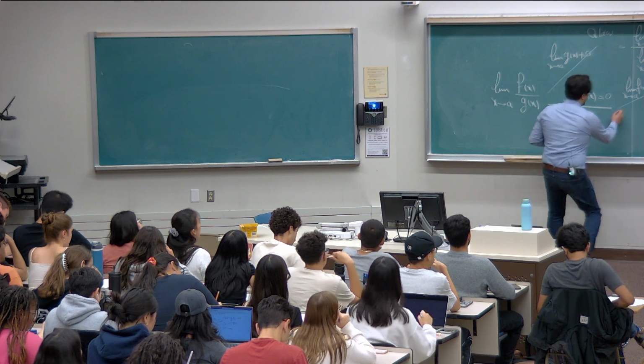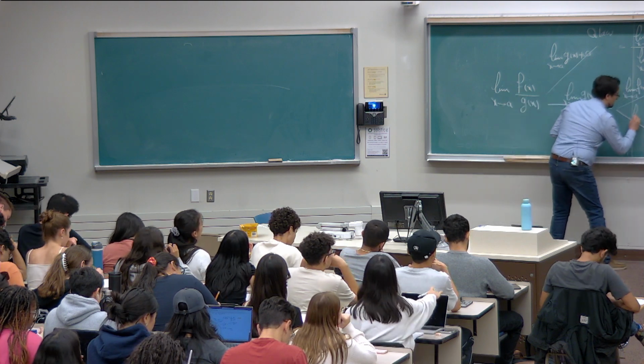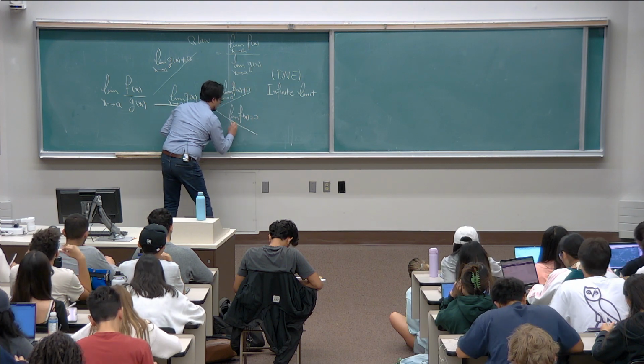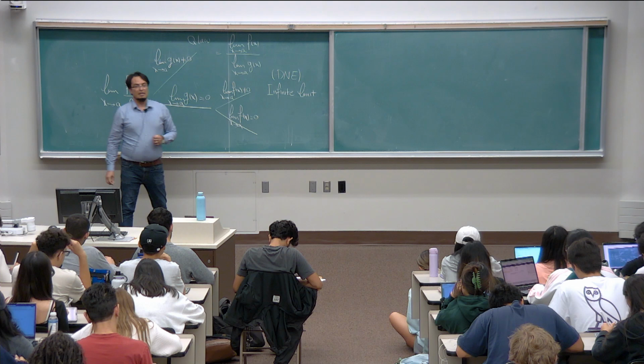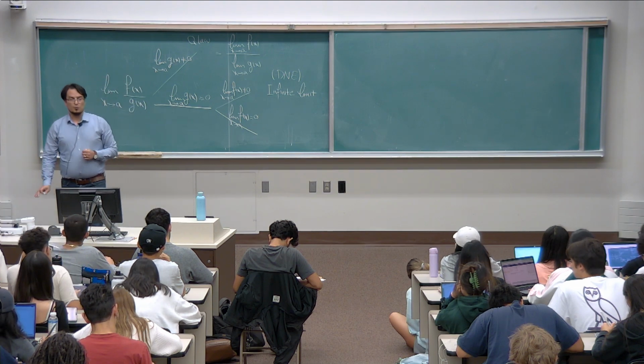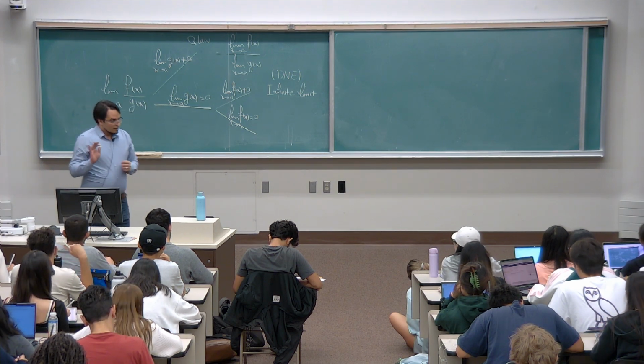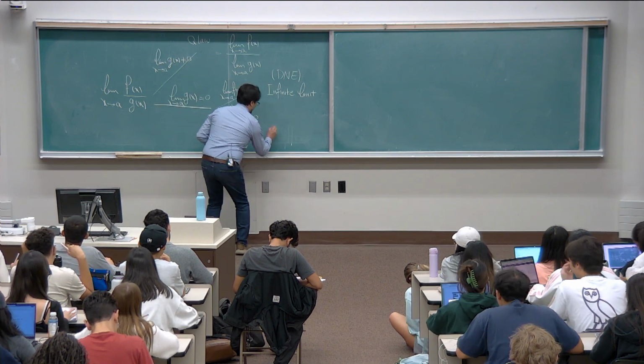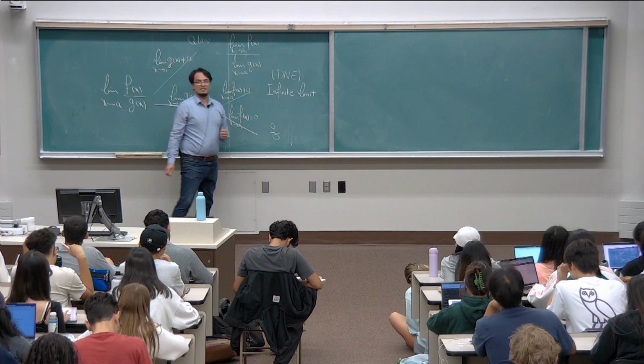Now, what if the limit of the numerator is 0 as well? In that case, we are going into a darkness of, oh, I don't know what that means.